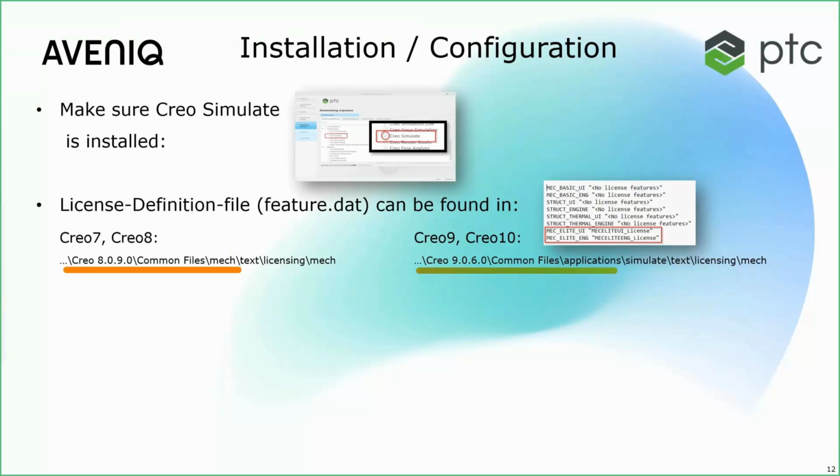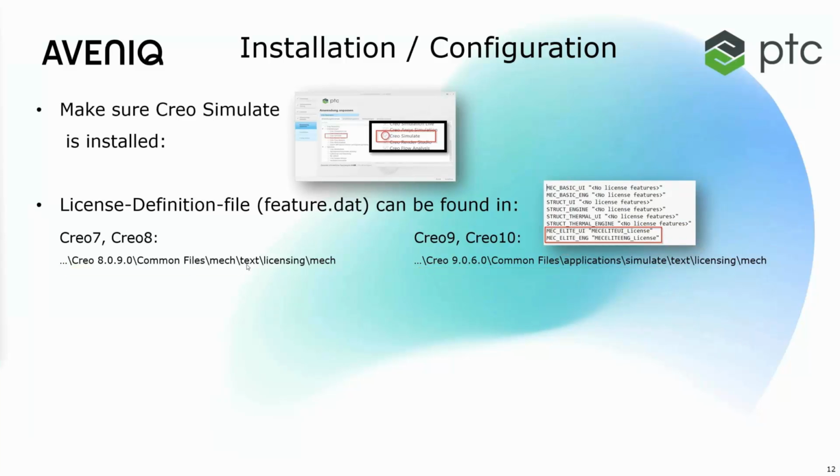Starting from Creo 9, you have this path here. And there, in the text license Mac folder, you'll find the license or feature.dat information, and you have to make sure that you have these two lines in this file. But normally the installation does that for you.